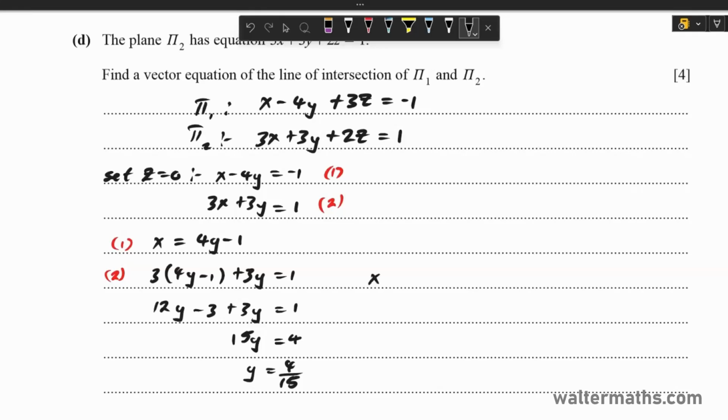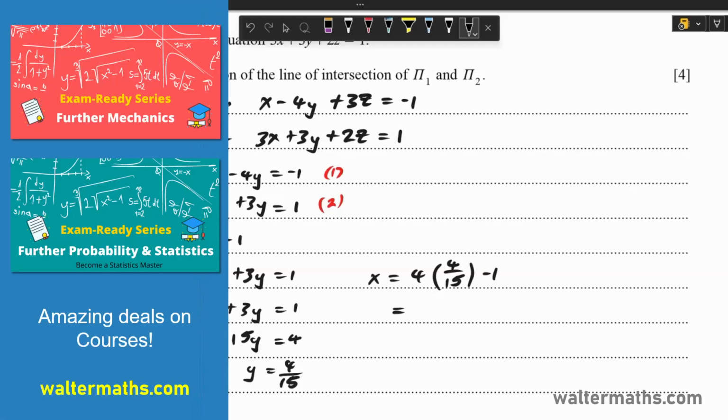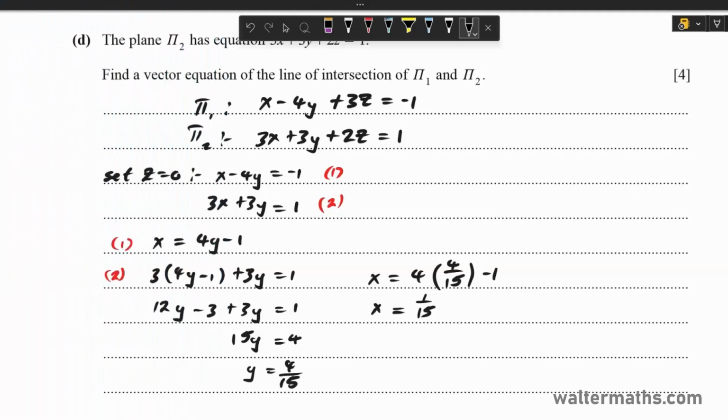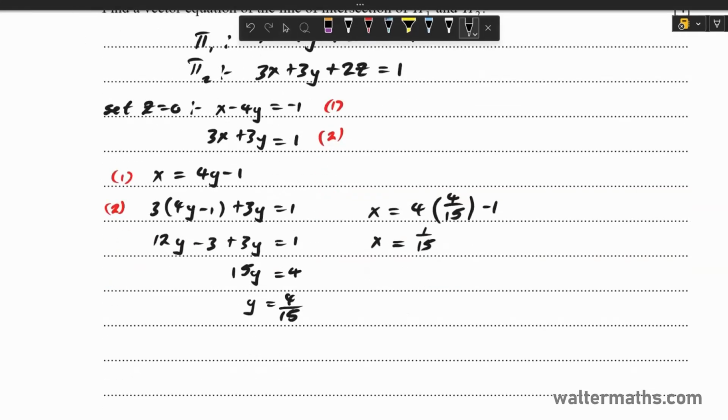That also means that x will be 4 of 4 over 15 minus 1, which is 16 over 15 minus 1, which is 1 over 15. So this is the value of x. So we have now gotten this. So what that means is we have found a common point for the two planes.